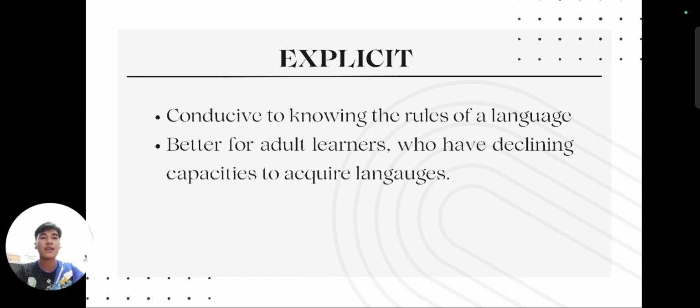It is better for adult learners, especially those in the stage of declining capacities to acquire languages. By clearly stating or specifying instructions or even discussions, students will no longer inhibit themselves and will develop an interest in acquiring the language.